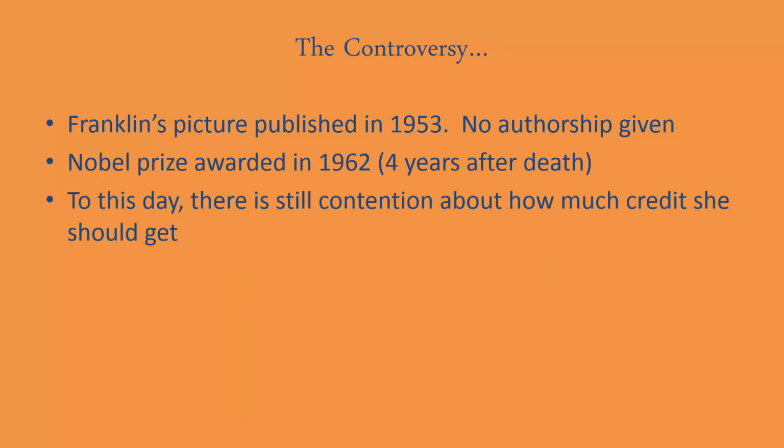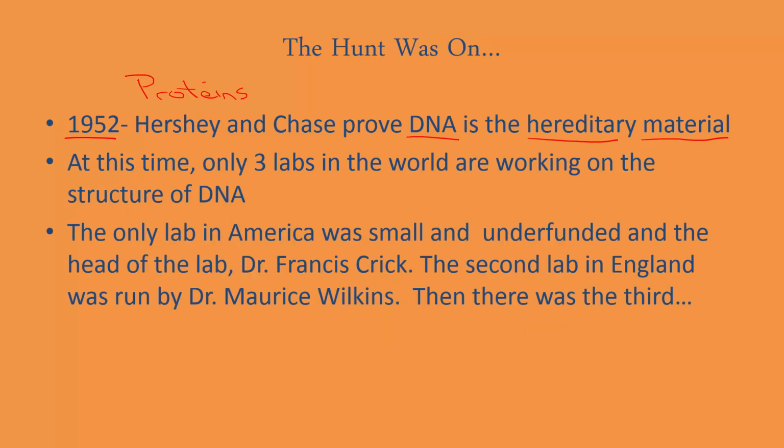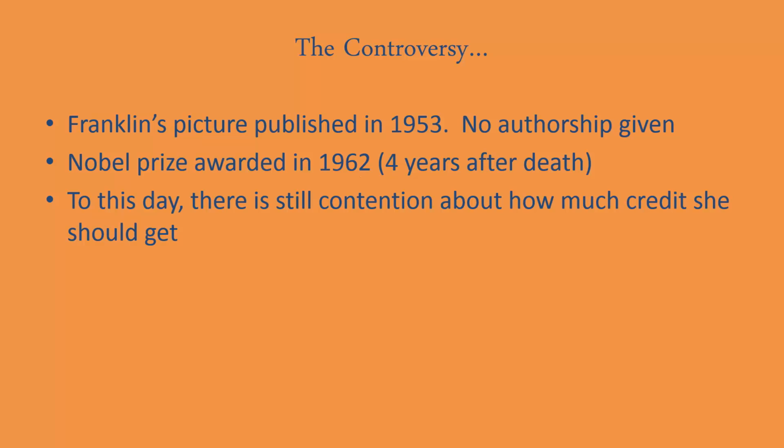Watson and Crick were then awarded the Nobel Prize for their work in the structure of it. You can see this is their double helix of DNA. And they received the Nobel Prize in 1962, 4 years after her death.